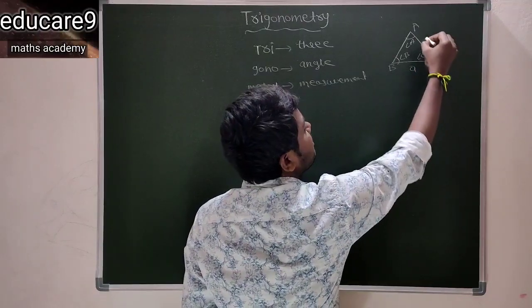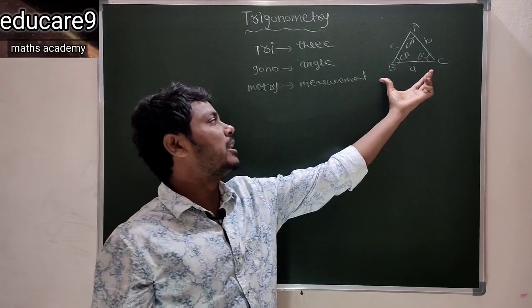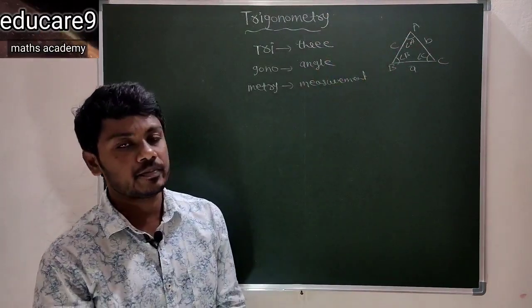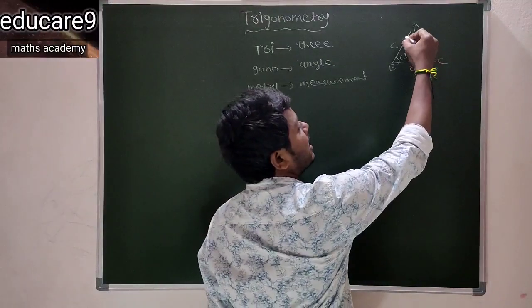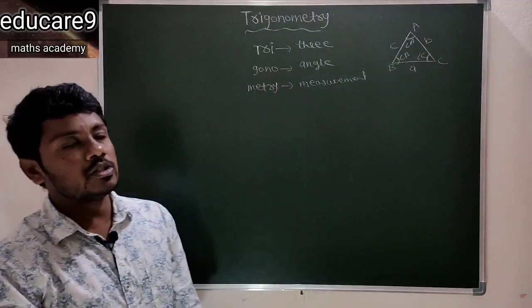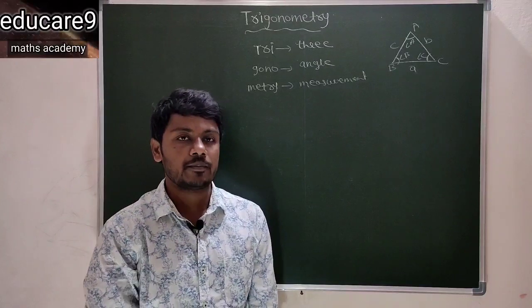It is a, the AC side is b, and the AB side is c. So clearly, the length of BC is a, the length of AC is b, and the length of AB is c. So simply, trigonometry means triangle measurements, meaning angle A, angle B, angle C. These three angle measurements are called trigonometry.